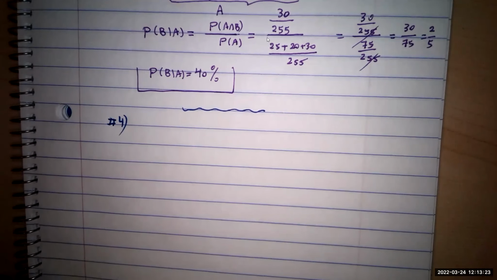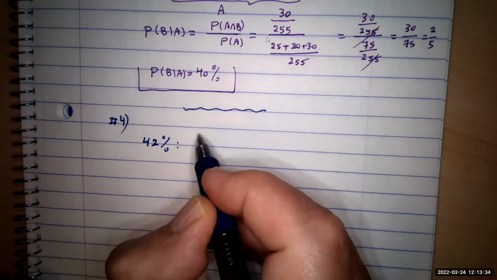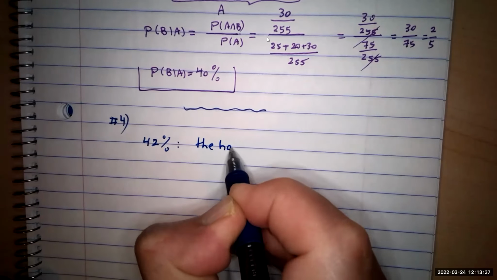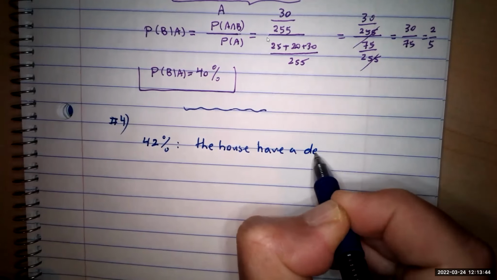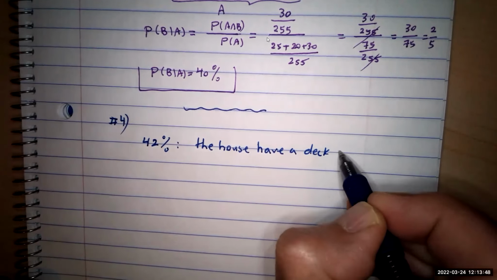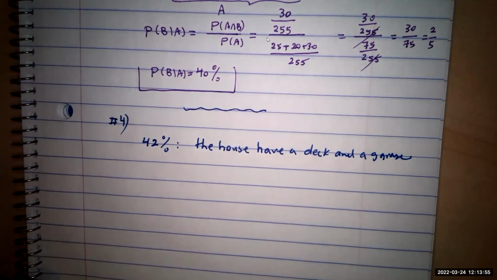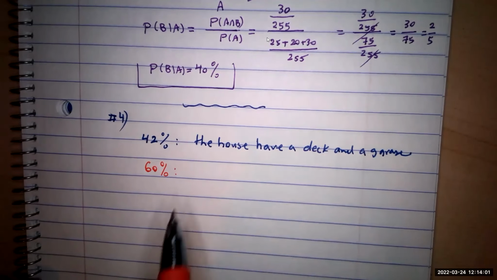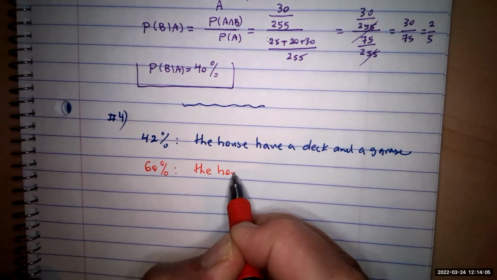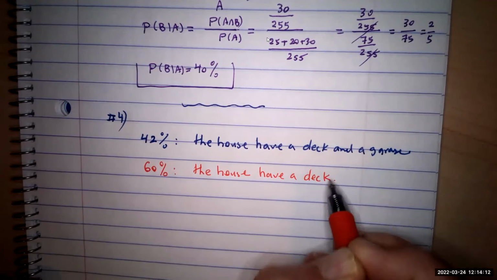We checked a number of houses, and we find out that 42% of houses have a deck and a garage. 60% is the fact that the house has a deck. Okay, this is the situation.